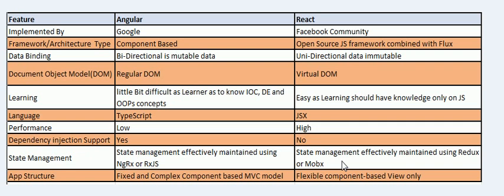Bidirectional sometimes looks simple, but there is an overhead on the performance because it always has to look if there is any change happening on the client, that has to be updated to the model, and if there is any change happening on the model, that has to be rendered on the UI. So there is a performance overhead with the bidirectional approach.